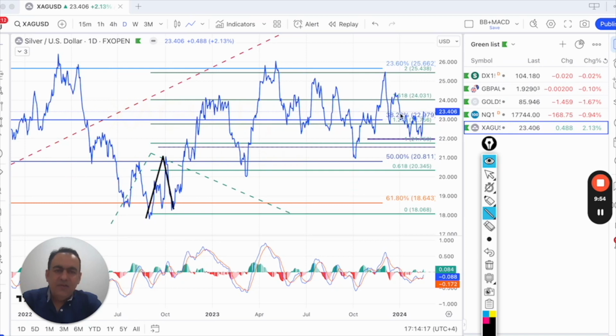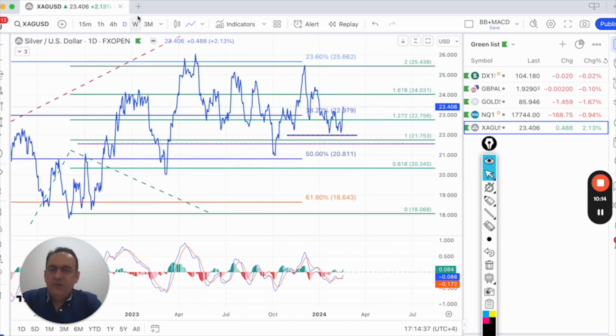The market retraced back to the extension area of 100%, got a bullish bounce with massive support, and now it is highly anticipated that it is going to touch the price of 24 followed by 25.43. So in the coming days, I would go with the bullish plan for silver.